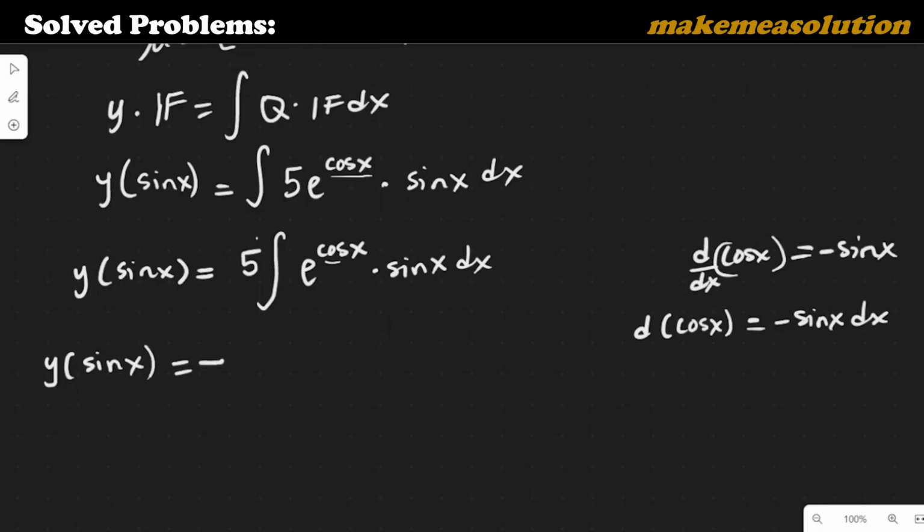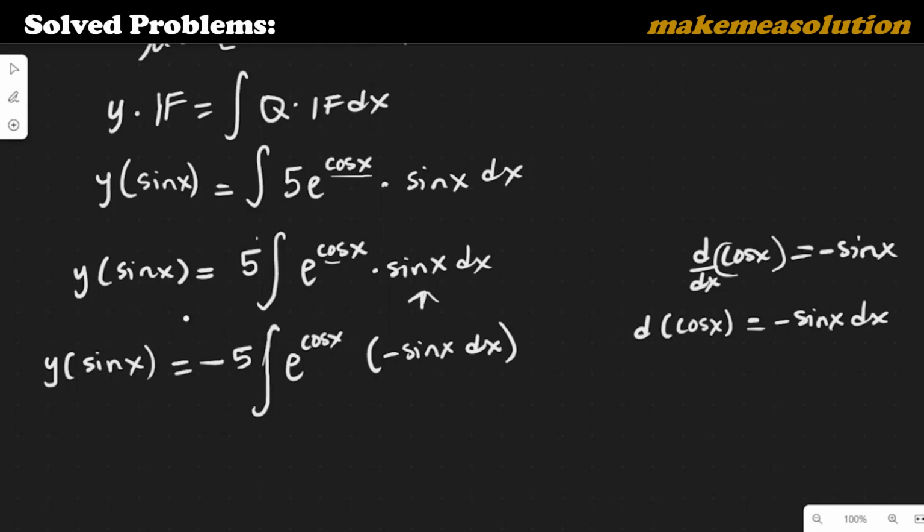So I just have to put a minus outside first of all, then I now have exponential cos x, then minus sin x, then dx, like this. So this minus sign has now cancelled out the effect of the one inside. Minus times minus will be plus, and you get back to the original form.